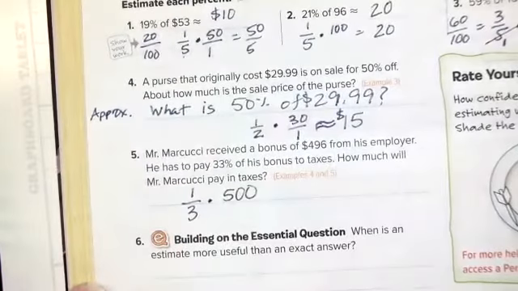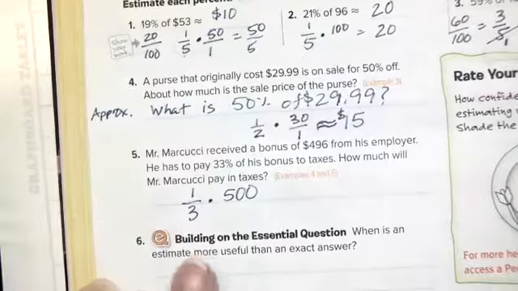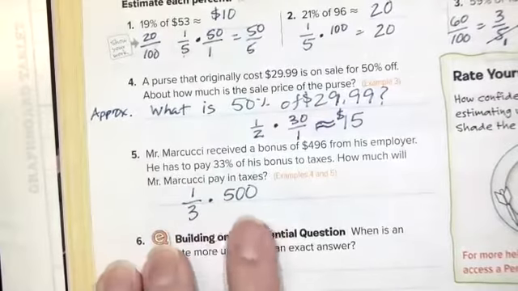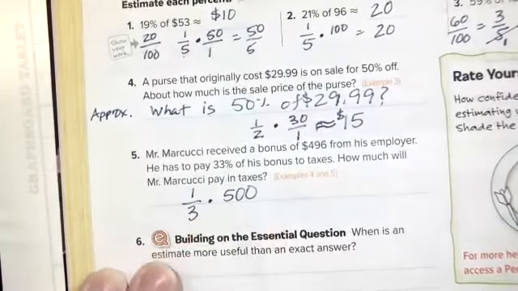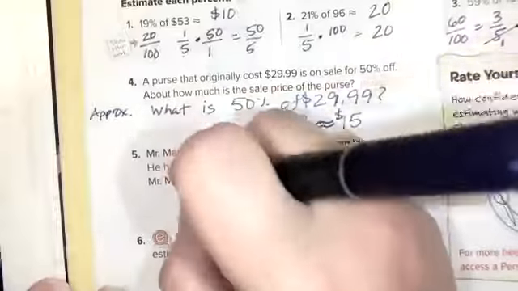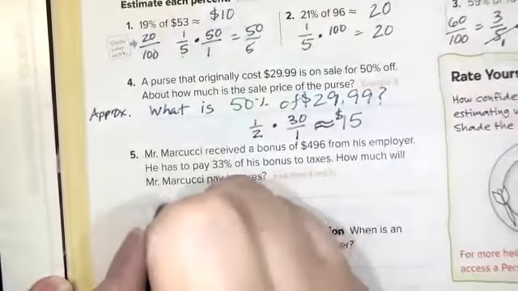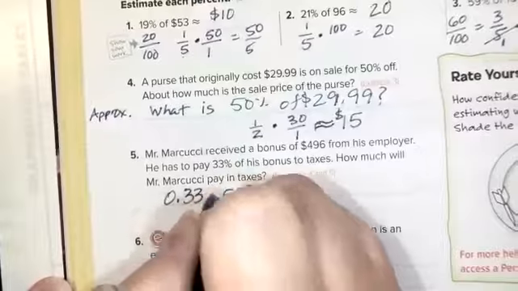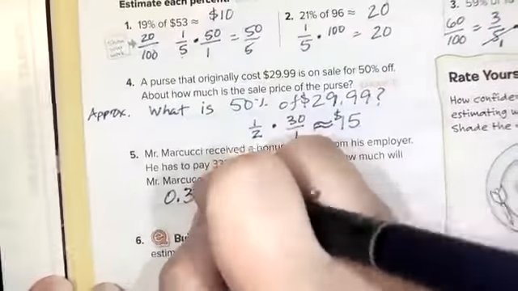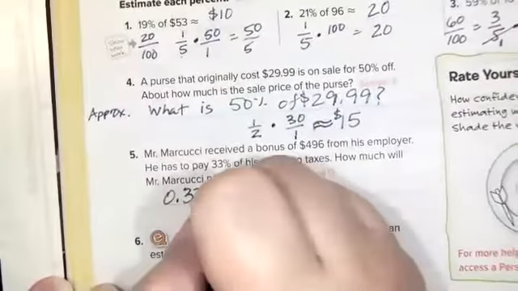So 500 divided by 3. This one, let's see. Estimation about 1/3. Actually, what we can do is 33%. So I'm going to actually leave this as 33% times 5. 33% of 500, okay?